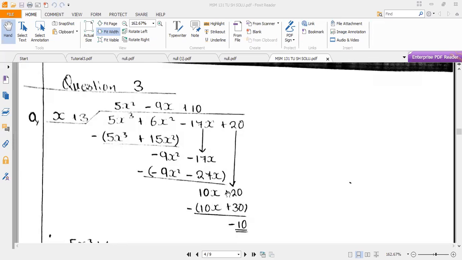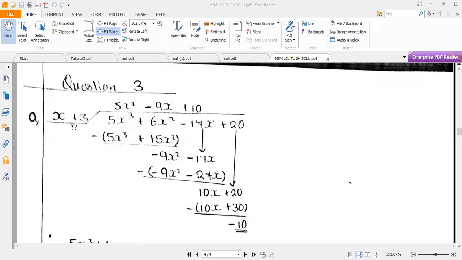Then we drop this 20 to be plus 20. So x into 10x will give us positive 10. Positive 10 times x gives positive 10x, and 10 times 3 gives positive 30. If we subtract, 10x minus 10x is 0, and 20 minus 30 is negative 10.